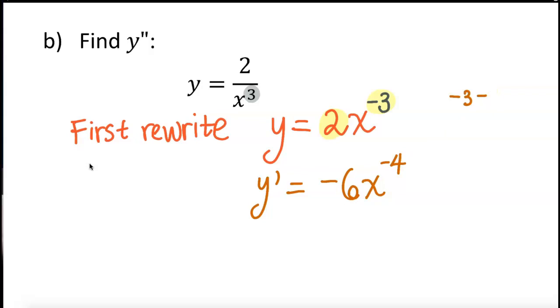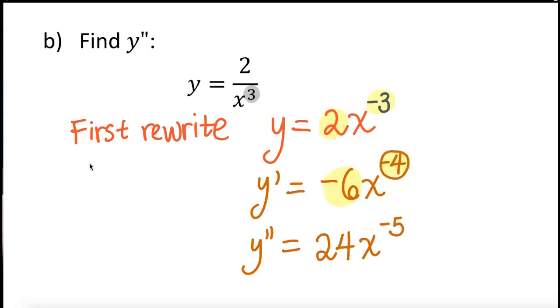Let's go ahead and now find the second derivative. So do the same thing from this line above. So I multiply negative 4 times negative 6. That's going to give us positive 24. And it will be x to the negative fifth power because we go down 1 from negative 4.